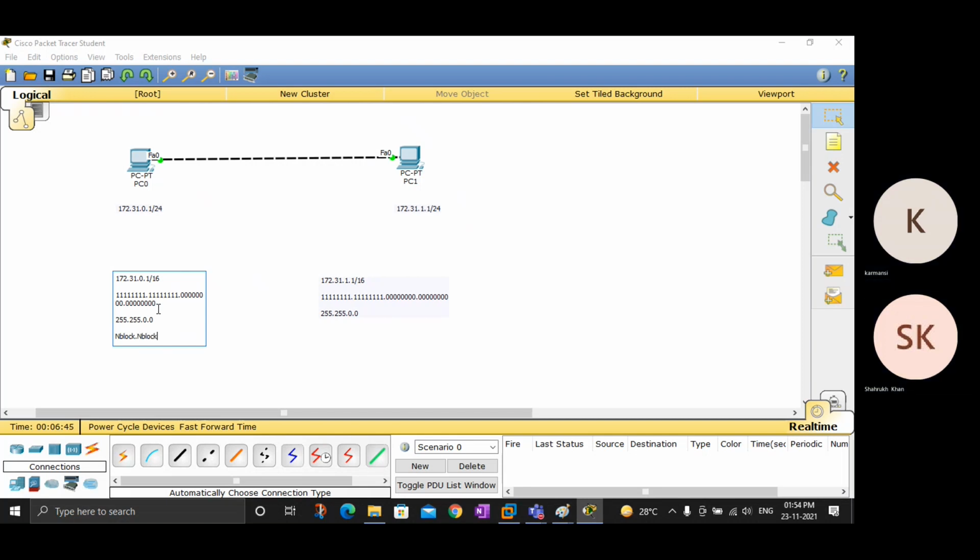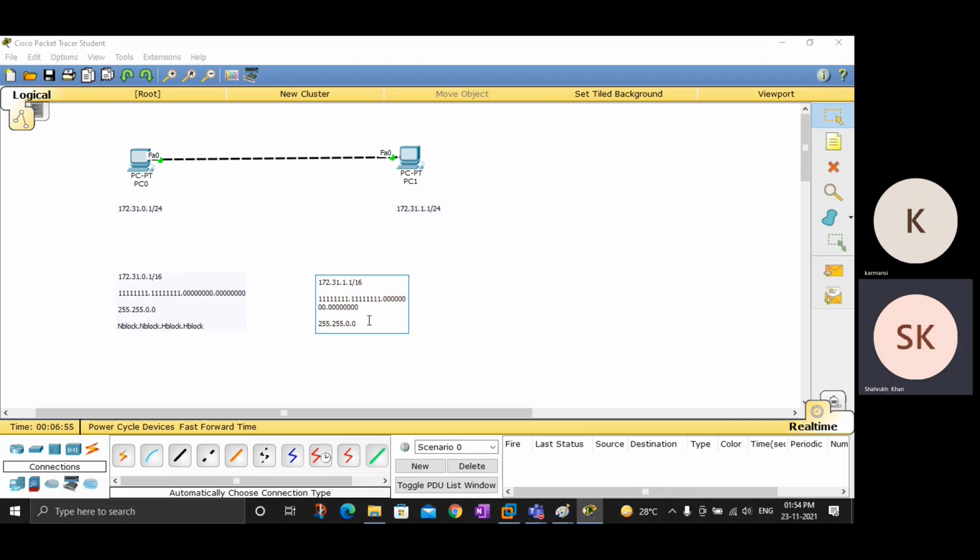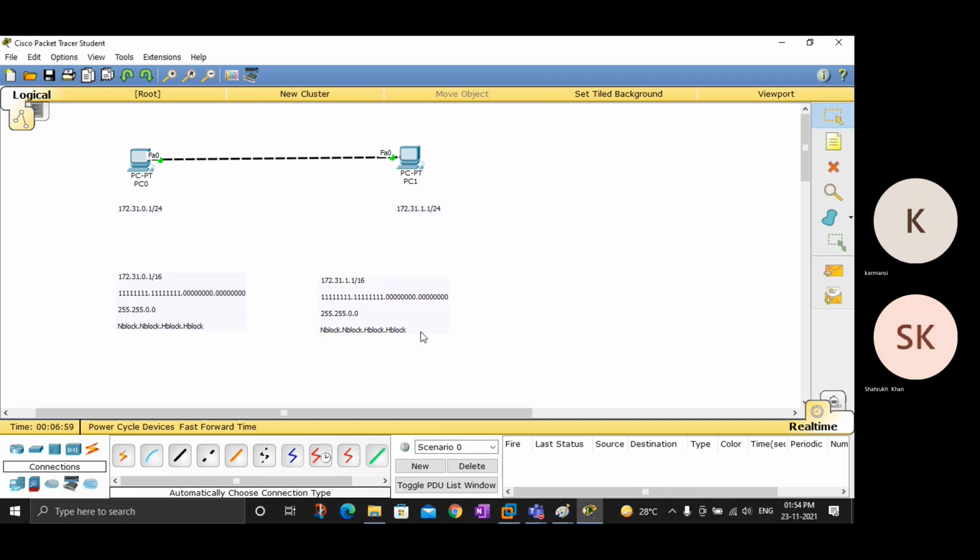and 2 host blocks. Here and here. And if we check the starting 2 blocks here, because only 2 are network blocks, and network blocks should be similar if they are a part of the same network.